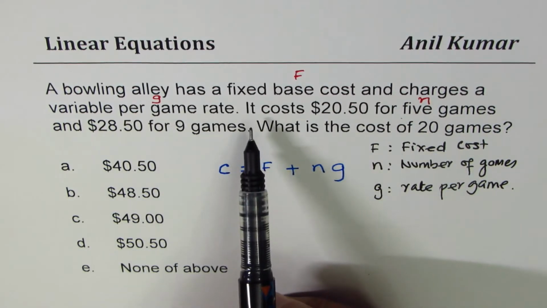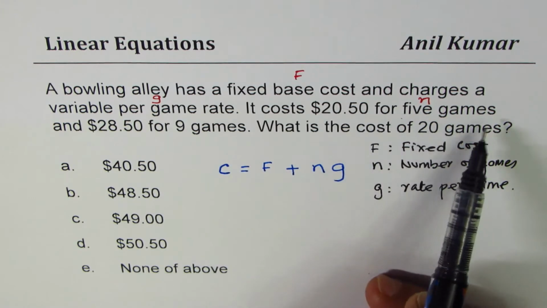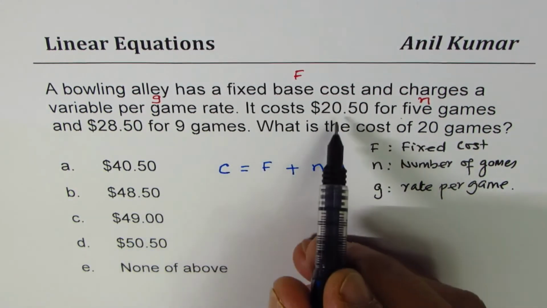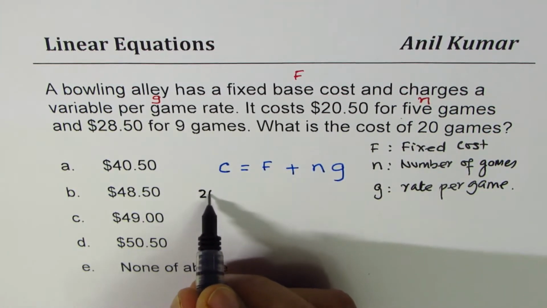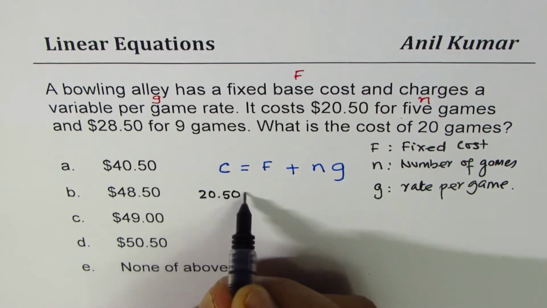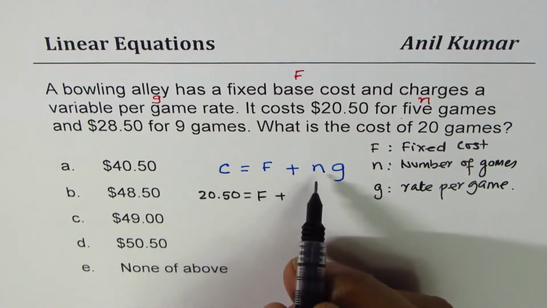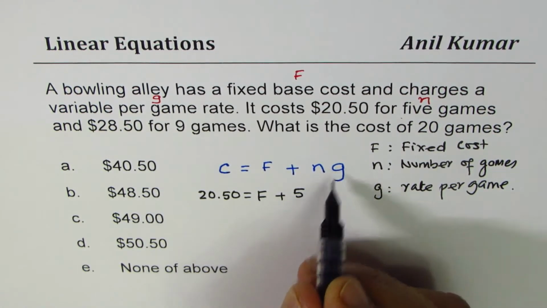Now the second statement is, it costs $20.50 for 5 games. So C is $20.50. Let me write an equation here: 20.50 equals f plus 5g. We don't know what the fixed cost is, but we know 5 games are played, so n is 5, and g we don't know.